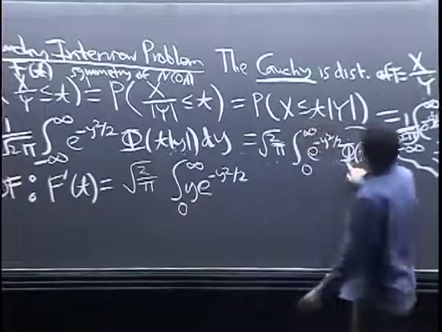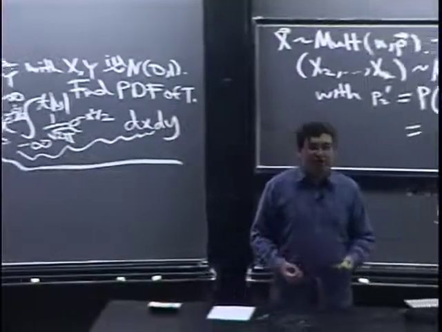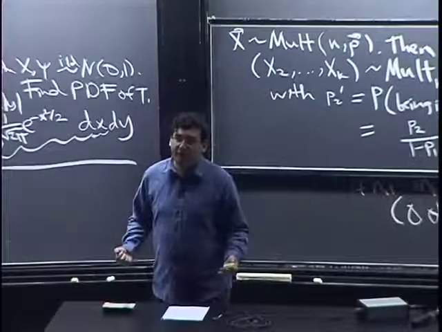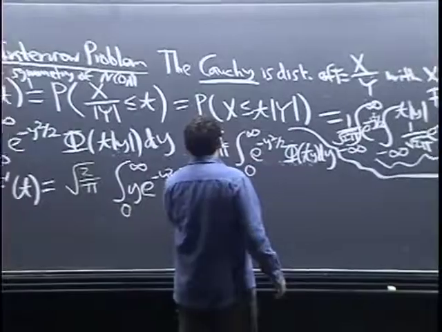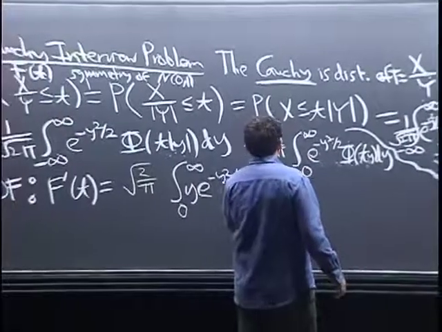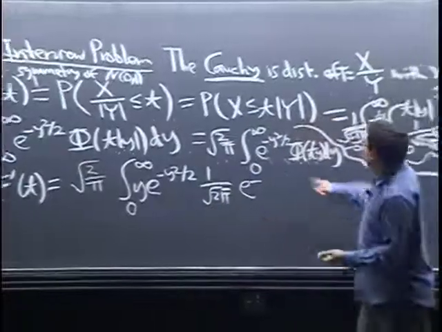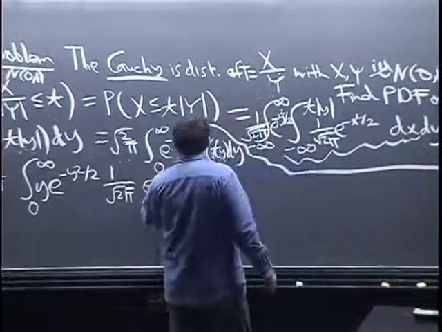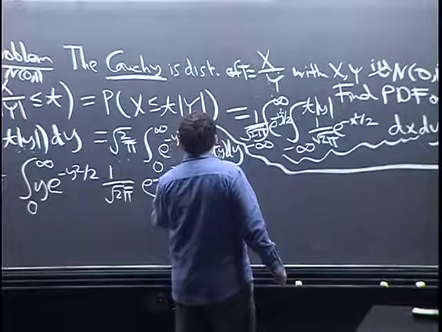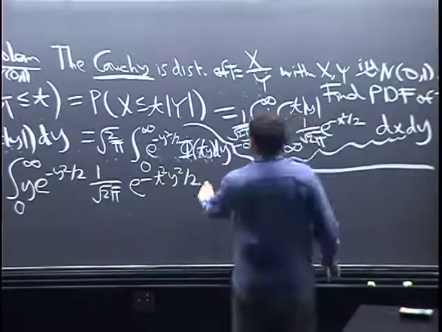And then we just need the derivative of this, but the derivative of the standard normal CDF is the standard normal PDF, which is 1 over root 2 pi e to the minus z squared over 2 in general, where z is ty. So it's e to the minus t squared y squared over 2. I just squared this thing, divide by 2, dy.